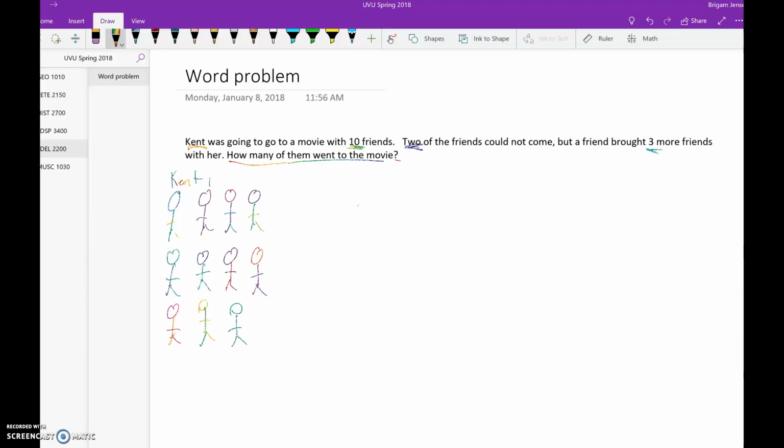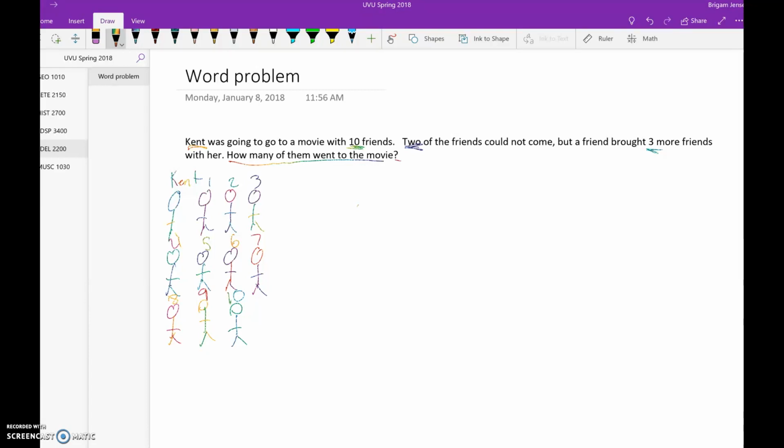Now I'm just going to number them to make sure that I got the right amount of friends. Yeah, so he has his 10 friends there. Perfect. So, we have Kent and his 10 friends.